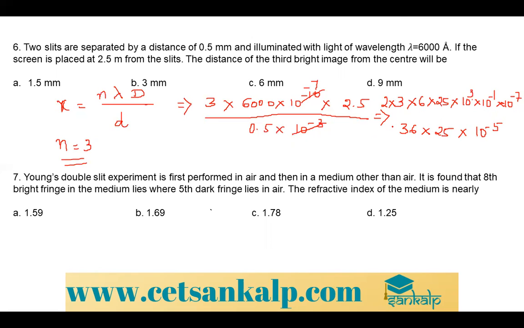Correct? Yes or no? So now 36 into 25, it is 900. 900 into 10 to the power minus 5. So it is 9 into 10 to the power minus 3 meter.